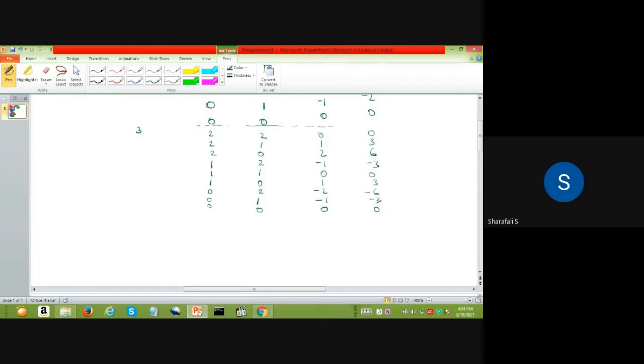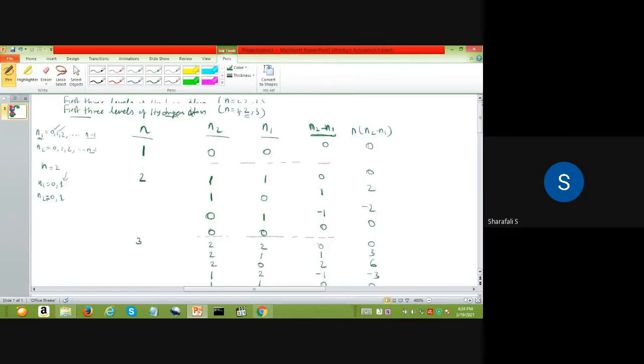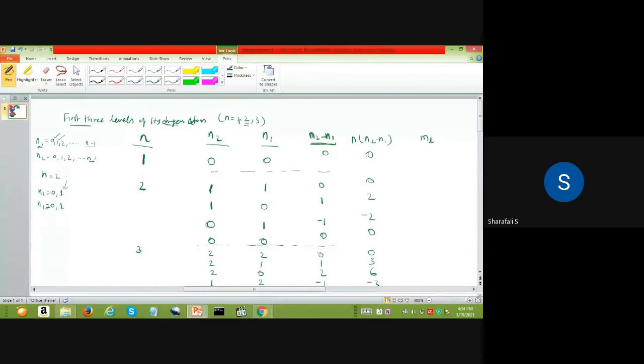Okay. Now, what are the ml values? Calculate that. What is the expression for ml? ml equal to, we already discussed this. So this ml can take values with respect to those n1 and n values.